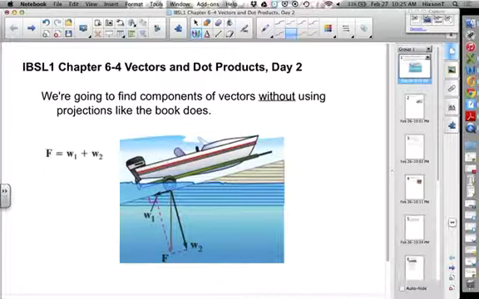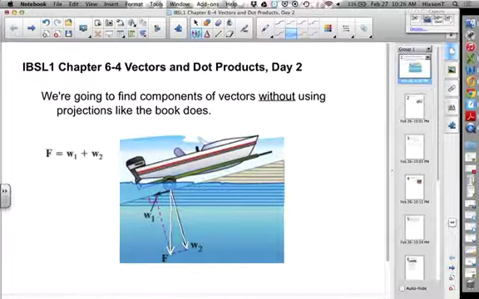Our main force vector, if we're looking at this boat on a ramp, is going to be gravity pushing straight down. But then we want to consider the two components of that. We want to consider the component of how much weight the ramp itself is having to support, and then how much force or how much weight is pushing it down the ramp.